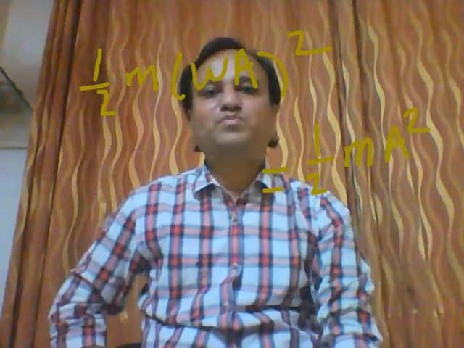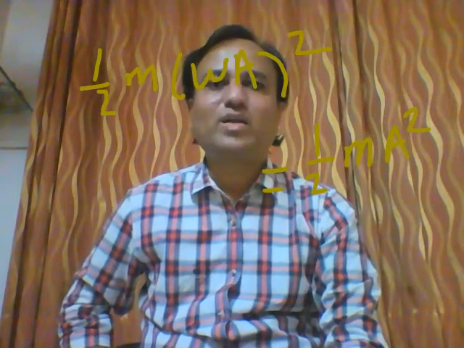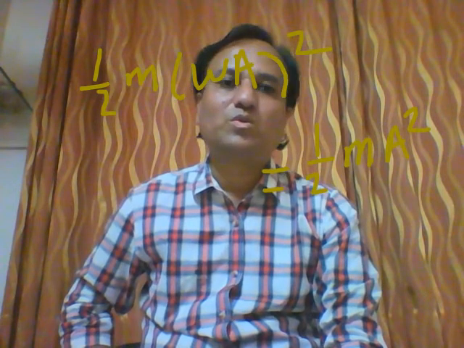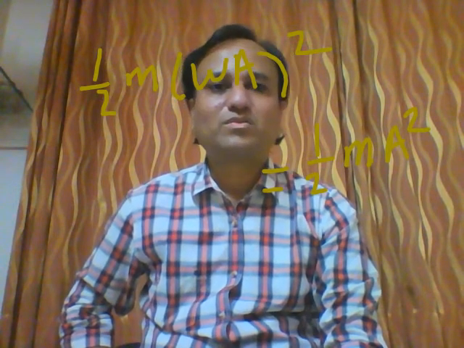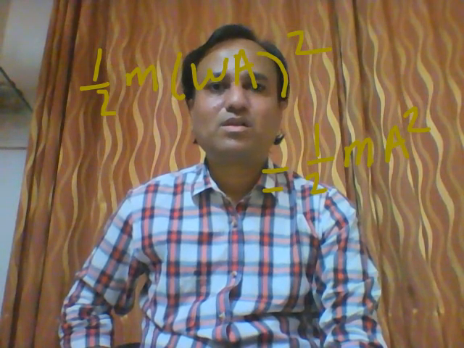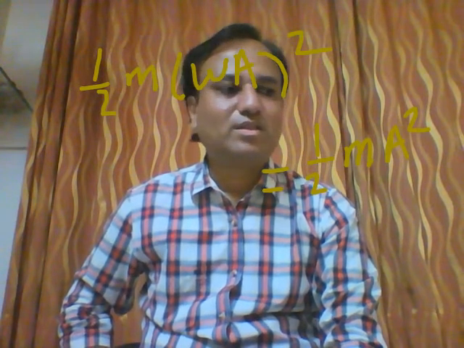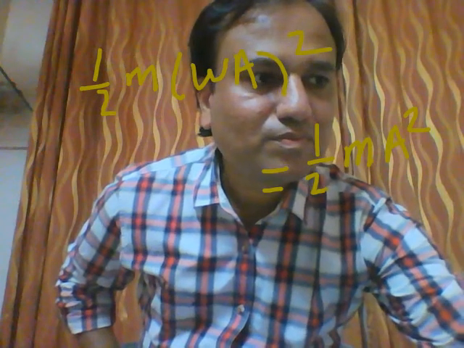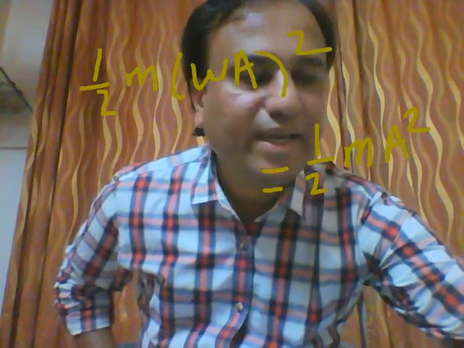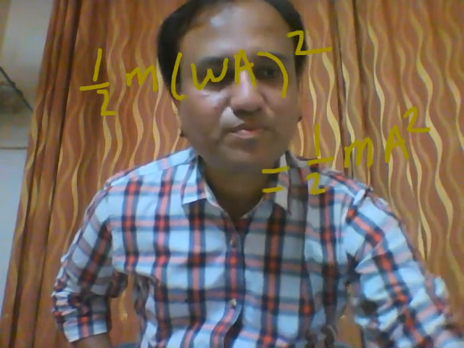So 1/2 cancels, and omega square a square equals k a square over m. By simplifying this relation, we will get omega equal to root of k by m.